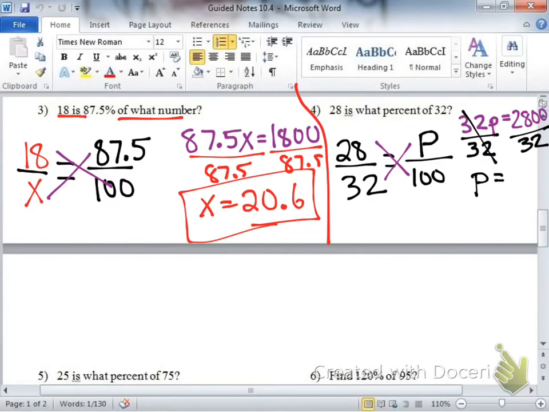So in my calculator, I'm going to do 2,800 divided by 32. Anyone have it? 87.5, and what am I talking about? These are percents. That's why I use the P to remind myself that I need the percent symbol. Questions?